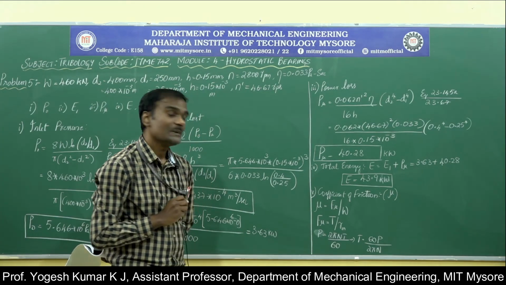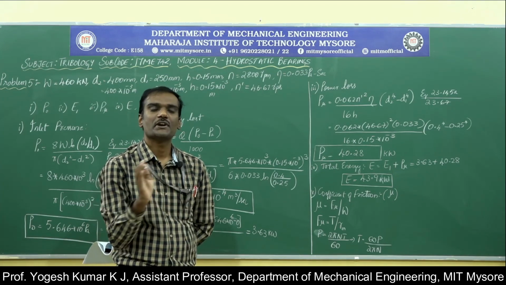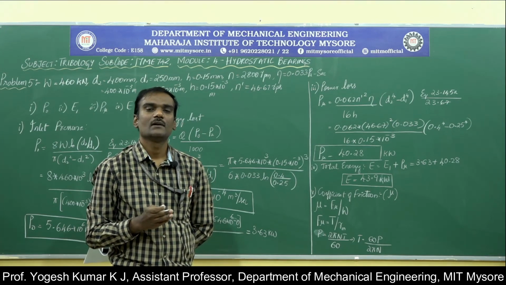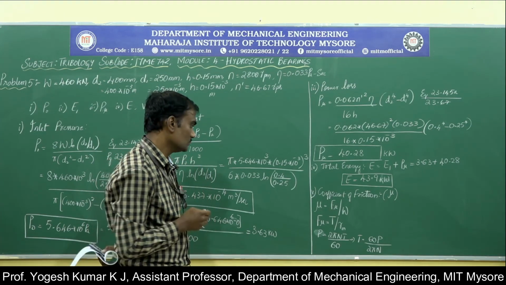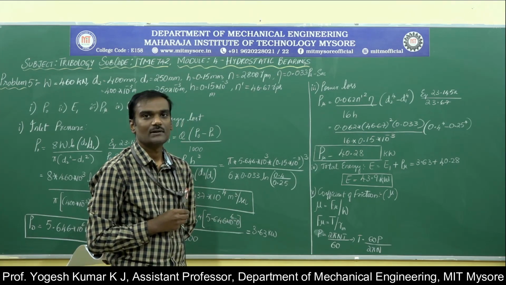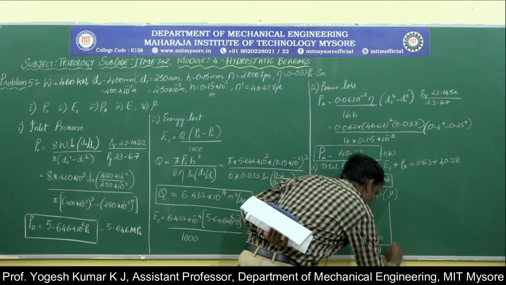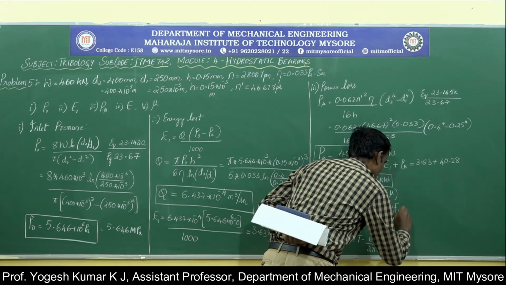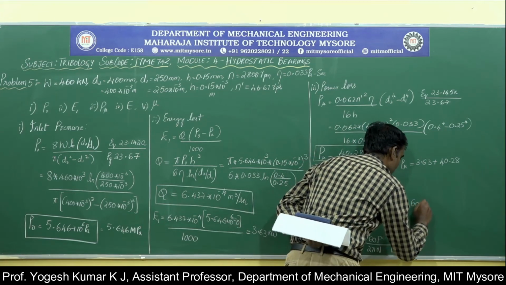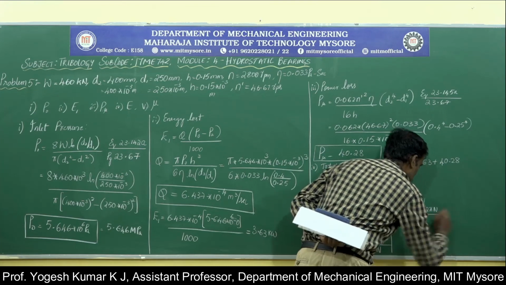Okay. What is mean radius? Mean radius is the average radius between the shaft as well as the pocket, which is nothing but R2 plus R1 divided by 2. By knowing all these things, shall we go for the frictional force? Torque is given by 60P divided by 2 pi n.